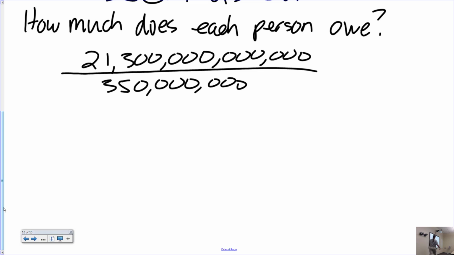Lop off 6 zeros from each one so that the numbers are relatively easy. And you can take one more off if you want and say 213,000,000 divided by 35. That number you can actually punch in your calculator and see. How much do you guys all owe? What was that number again?